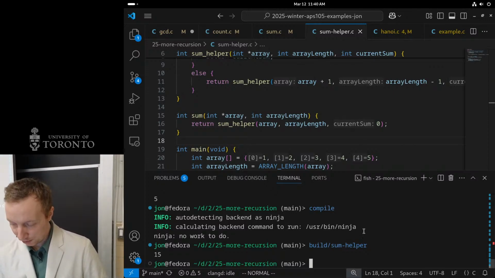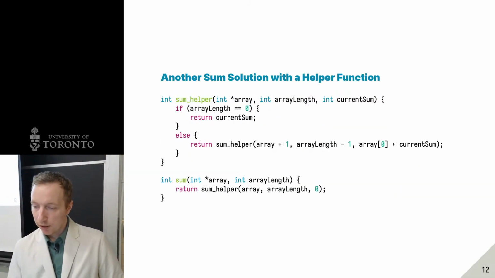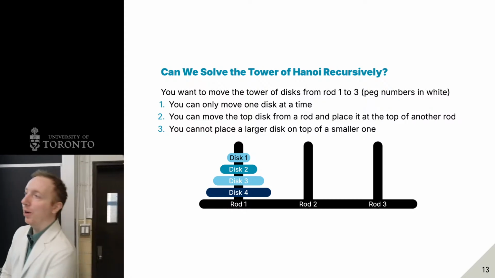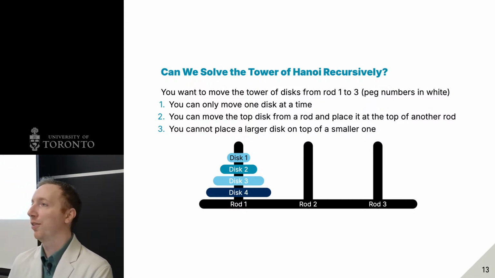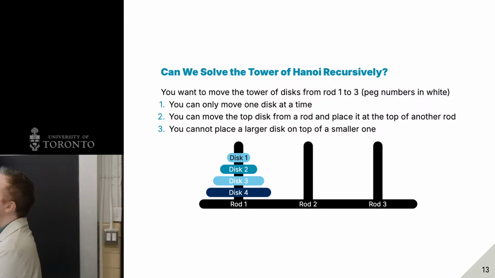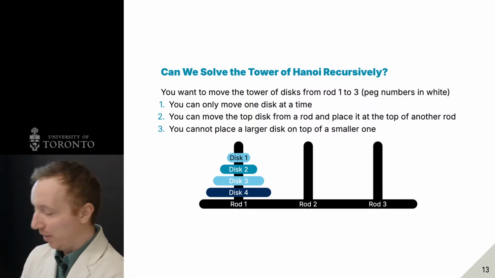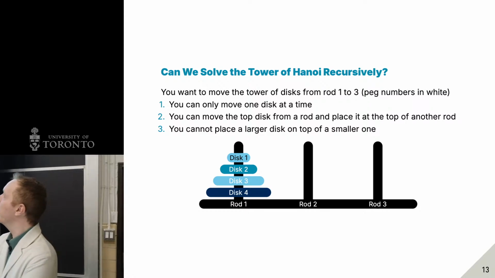Okay, so let's do something way more fun. All right, so how many of you have heard of the Tower of Hanoi before? Some? 3 people? 4 people? 5-ish? All right, so there is this fun little game called the Tower of Hanoi.